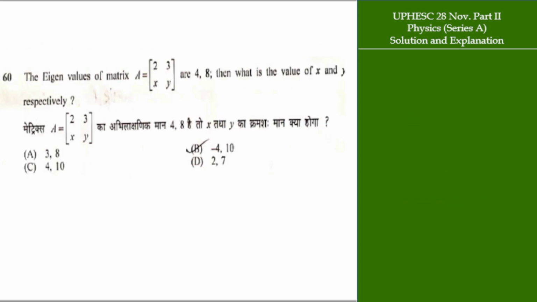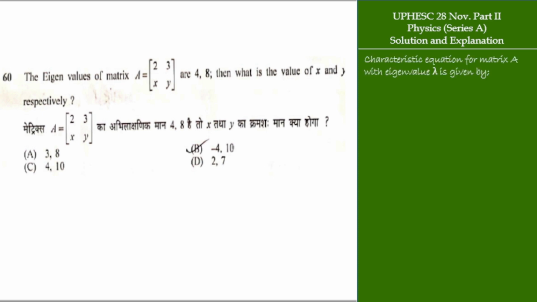In the next question, number 60, the eigenvalues of matrix A are 4 and 8. Then what are the values of x and y respectively? So two methods are there to solve such problems. Let's discuss.